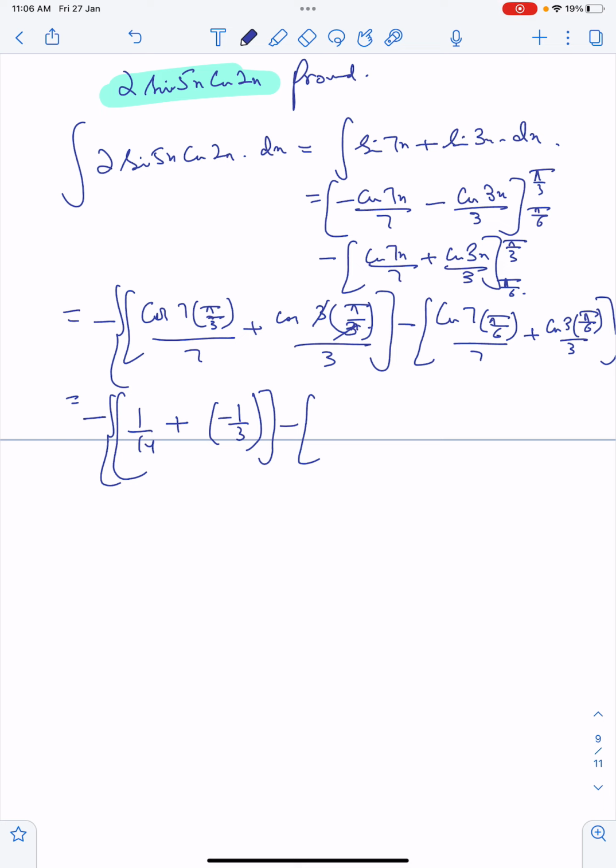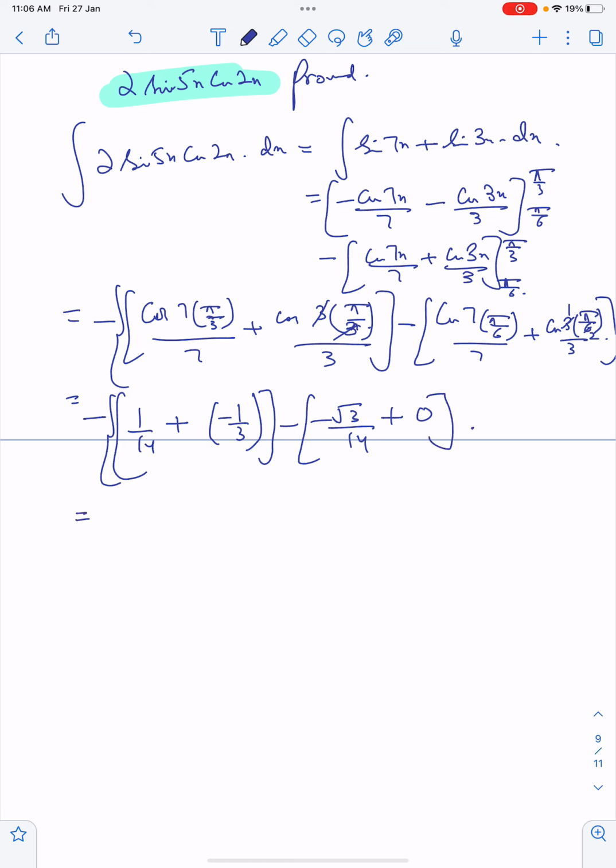That's what I'm calculating with the calculator. 7 pi by 6 gives negative root 3 upon 2, divided by 7 is negative root 3 upon 14, plus cos of pi by 2, which is 90. Cos of pi by 2, cos of 90 is 0. 0 upon 3 is going to give you a 0 only.